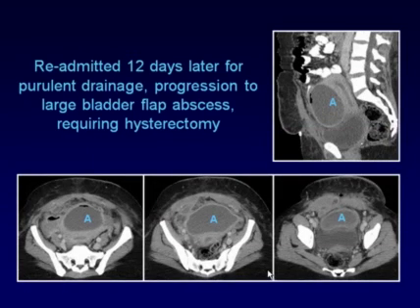Unfortunately, the patient was readmitted 12 days later for new purulent drainage and distension, and has gone on to develop a larger bladder flap abscess even than before, which probably had ruptured outside of the uterus. There are smaller collections elsewhere, gas where it shouldn't be, and unfortunately the patient required a hysterectomy.